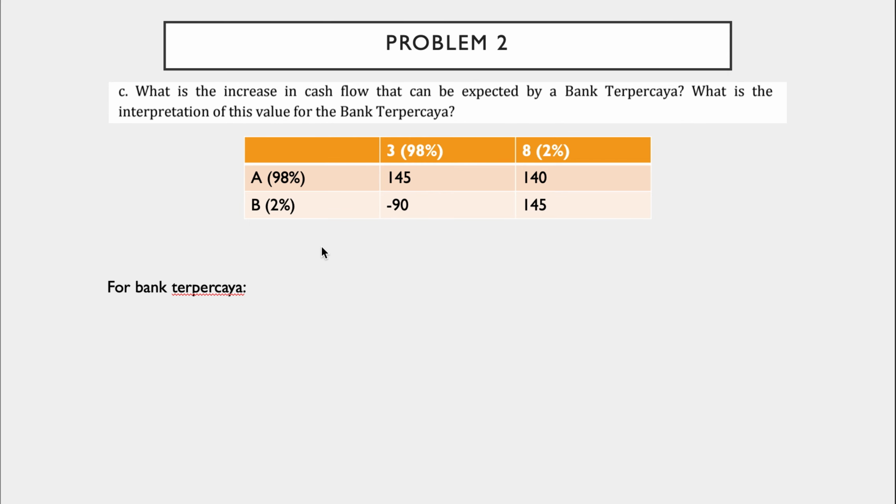For Bang Terpercaya, we can say that 145 times 0.98, in decimal now instead of percentage, minus 90 times 0.02, because 1 minus P is 0.02.